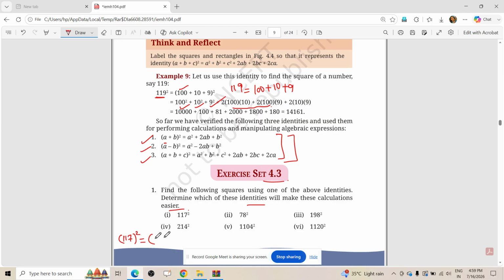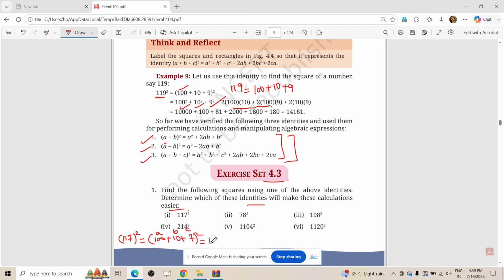So we will break it into three parts, that is (100 plus 10 plus 7) whole squared, right? And now we can calculate it as a squared plus b squared plus c squared plus 2ab plus 2bc plus 2ac. a is 100, b is 10, and c is 7.